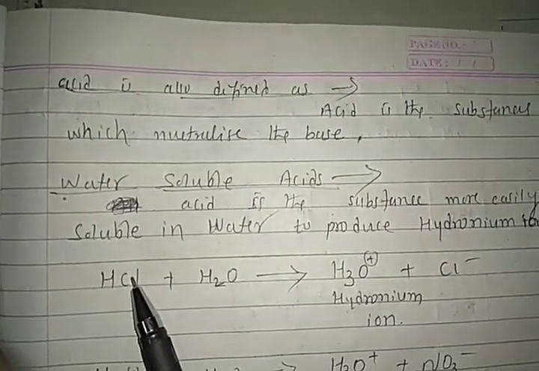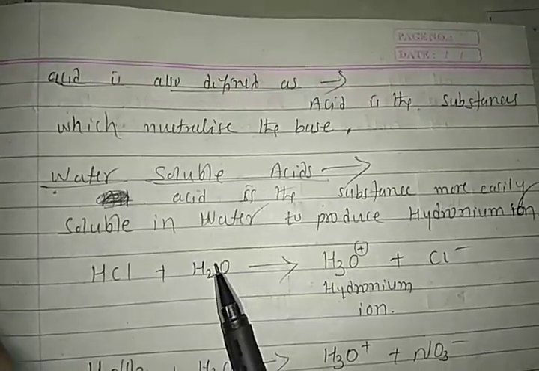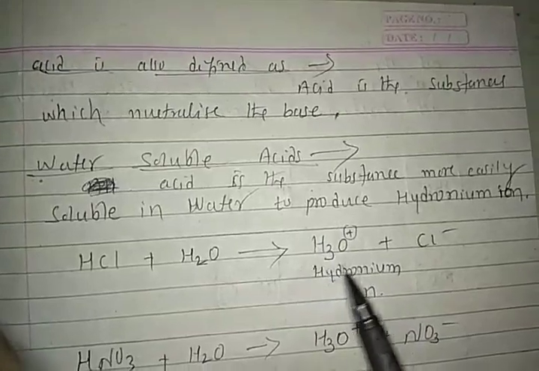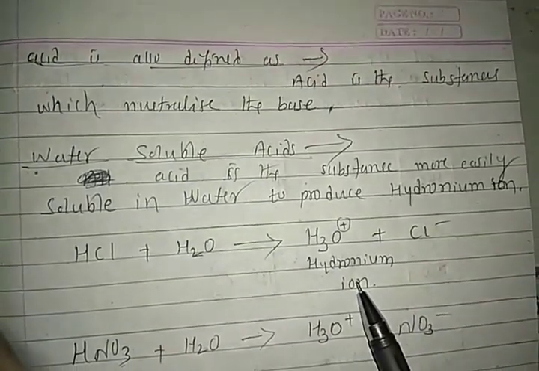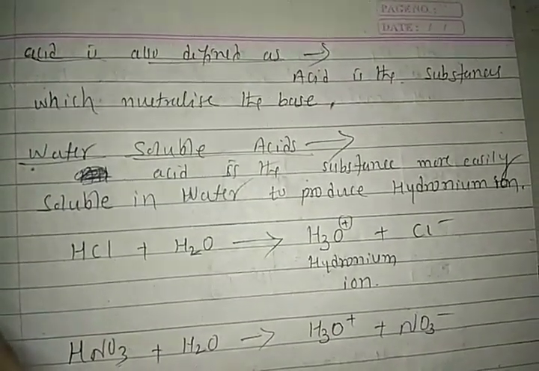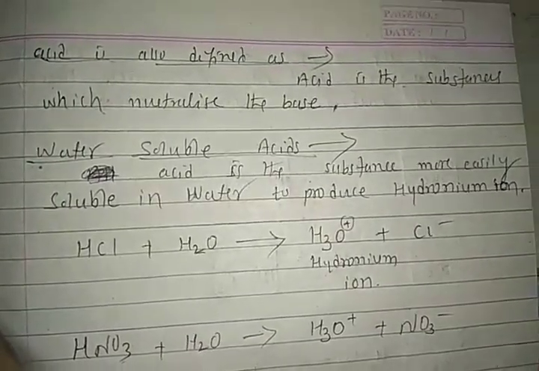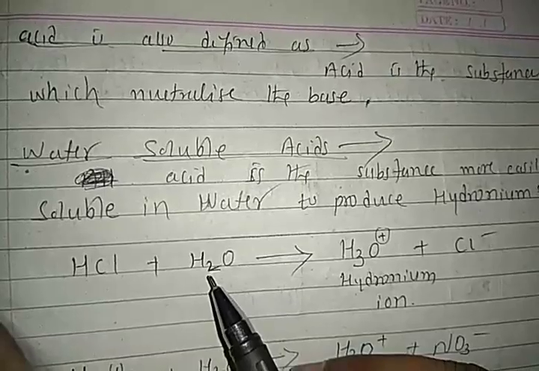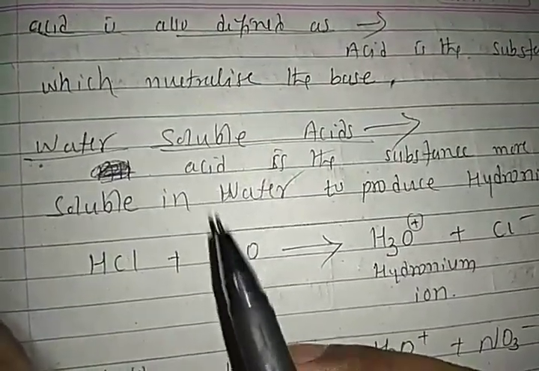So hydrochloric acid reacts with water to form H3O plus. This H3O plus we call the hydronium ion. What happens here, students? Already we know that an acid releases hydrogen ions.